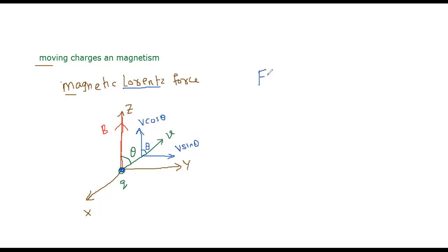Any charged particle moving in a magnetic field experiences a force. That force depends on three factors: the magnetic field B, the charge Q, and V sin theta. More magnetic field, more force; more charge, more force; more V sin theta, more force.